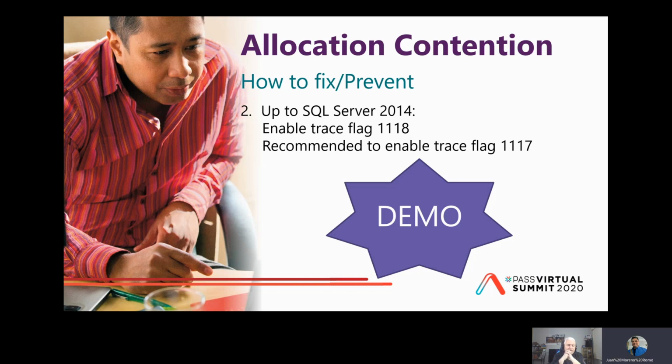So based on this information, Juan, that means that if I enable this trace flag, I'm going to use more space than I need in tempdb? Yes, yes, because we will not be so efficient, because we will use the whole extent, 64 kilobytes, for an object that maybe only uses 1 page or 2 pages of that extent.